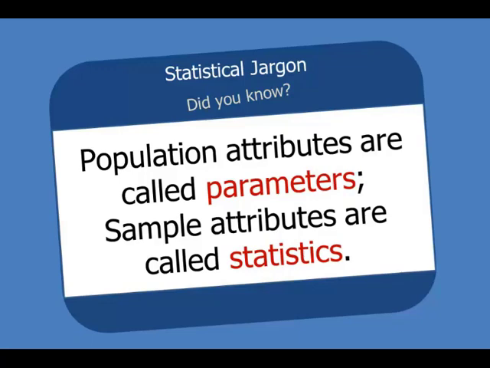We would say the mean score is a population parameter. But if we compute the mean score of a sample data set, we would say the mean score is a sample statistic. Sample statistics are often used to estimate population parameters.